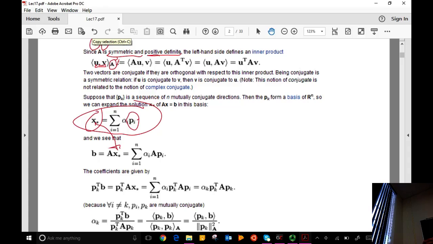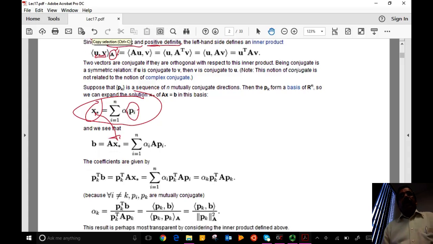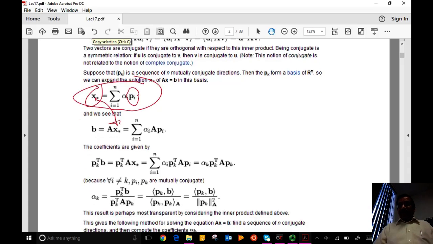Of course, you can apply this for each value of k going from 1 to n. So you can find all the n alpha coefficients. Okay, and alpha coefficient is simply given by pk transpose b divided by pk transpose A pk. Now, if pk is some arbitrary guess that you made, of course, this is not going to be the true solution, and that's why we need an iterative scheme to update that.